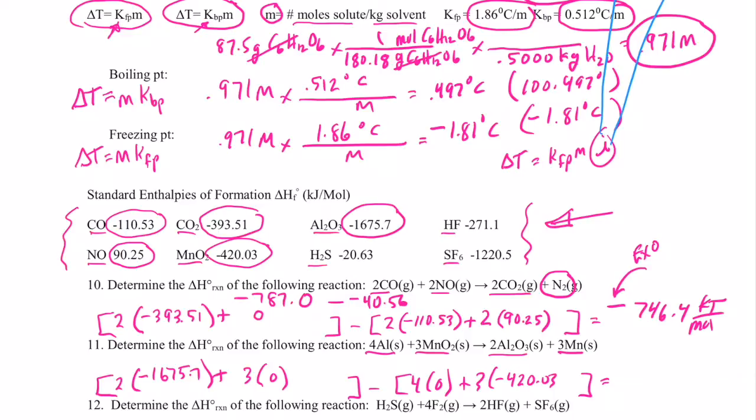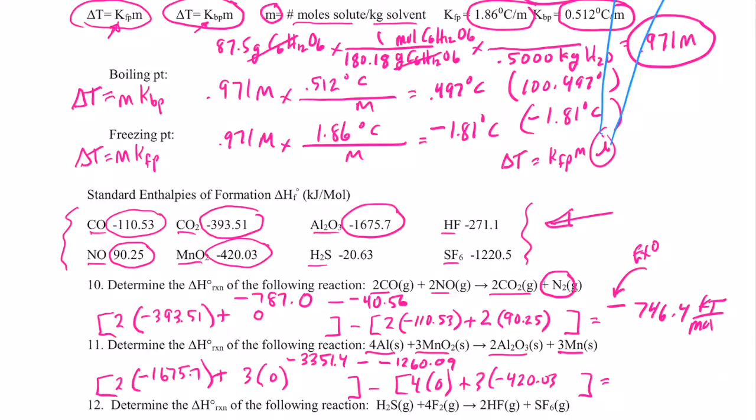2 times a negative 1675.7 gives me negative 3351.4. So negative 3351.4. That's on my product side, kiddos, minus 3 times a negative 420.03, and that would be a negative 1260.09.